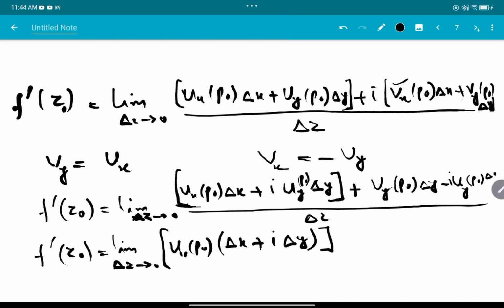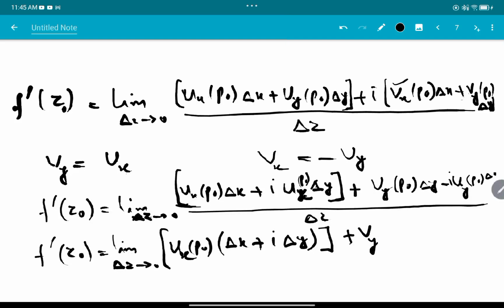It should be ux and ux. I think we have again done something wrong. vy is equal to ux, we have to be very careful about this. This was actually vy, the last was combined with the first. vy is equal to ux, Cauchy-Riemann equation.